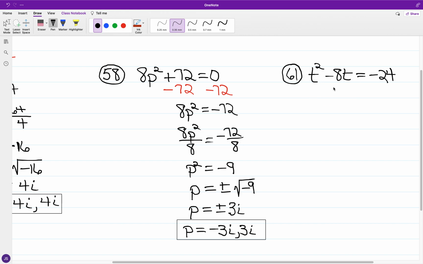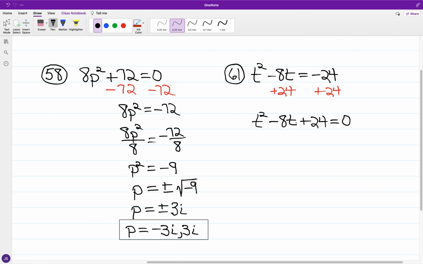So we have a quadratic equation, and this one is not yet established in standard form. And so setting this equation to 0, I can move the constant from the right over by adding. And we're going to have in standard form t squared minus 8t plus 24 is equal to 0.